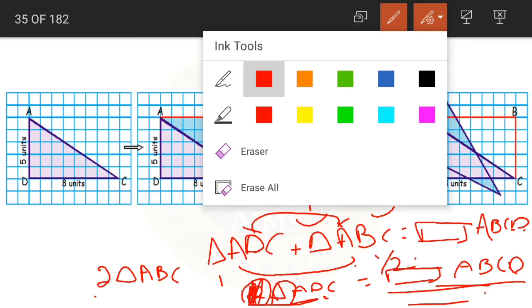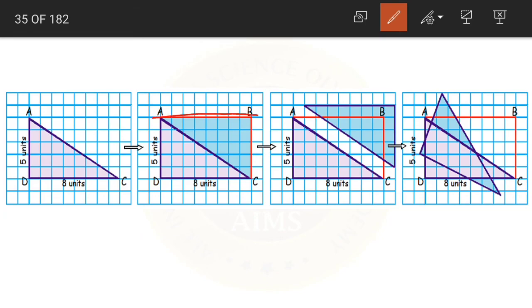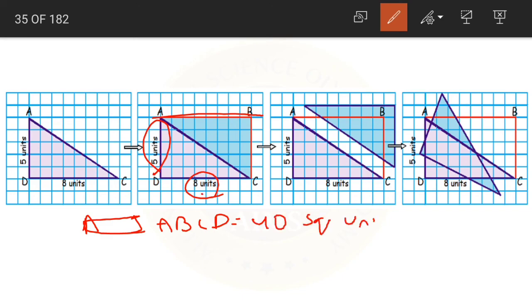Now what is the area of rectangle here? The length is 8 and the breadth is 5. So area of rectangle ABCD is equal to 8 into 5, 40 square units.